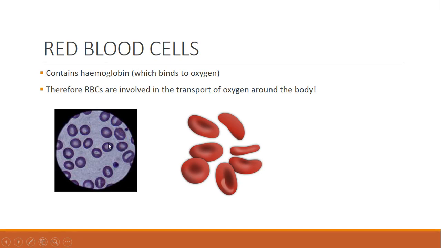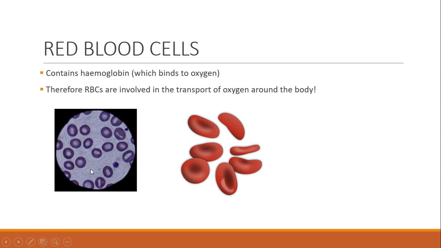So they don't have a nucleus but a large amount of hemoglobin instead to take its place, which is an adaptation for transporting a load of oxygen around our bodies, since that's their main purpose. So this is how a red blood cell might look under the microscope.